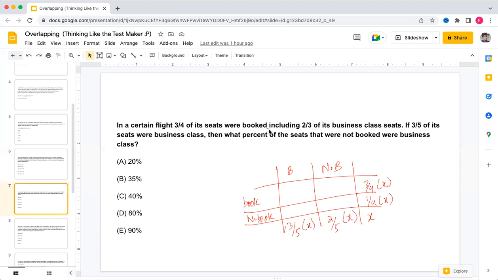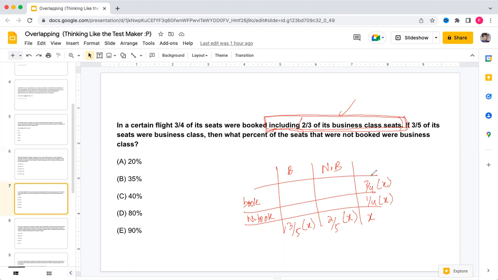And what is exactly meant by this thing? In a certain flight, 3/4 of its seats were booked, including 2/3 of its business class seats. So it would be 3/4 x into 2/3. Now see, 3/4 of its seats were booked, including 2/3 of the business class seats.